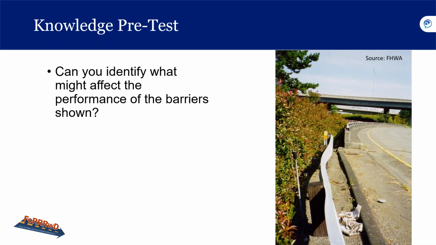If you're wondering where that is, it's from Tacoma, Washington, State Route 7, and it's from FHWA. So it is old guardrail. It says no block and 12-foot 6-inch post spacing may not contain the vehicle.